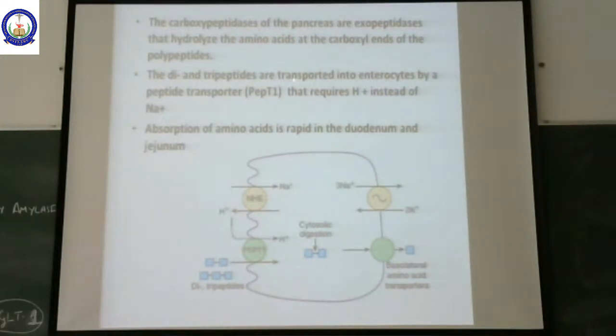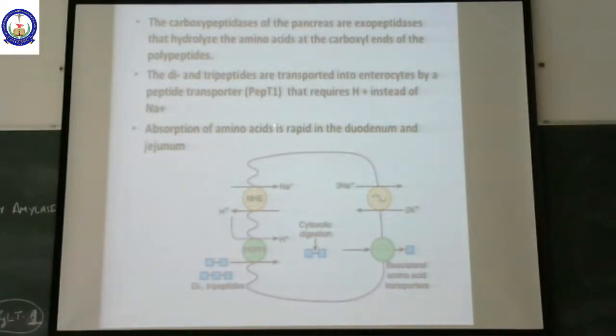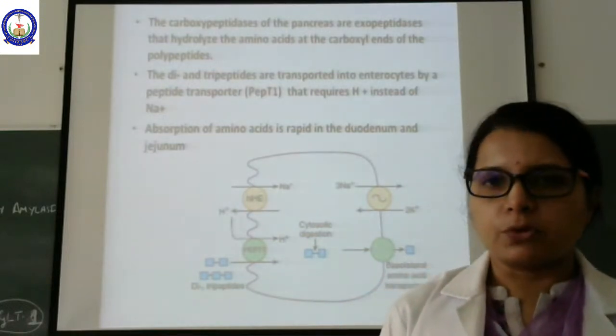Okay, and the di and tripeptides are transported into enterocytes by a peptide transporter protein, and this requires hydrogen ion, H plus, instead of sodium ion as in the case of glucose.